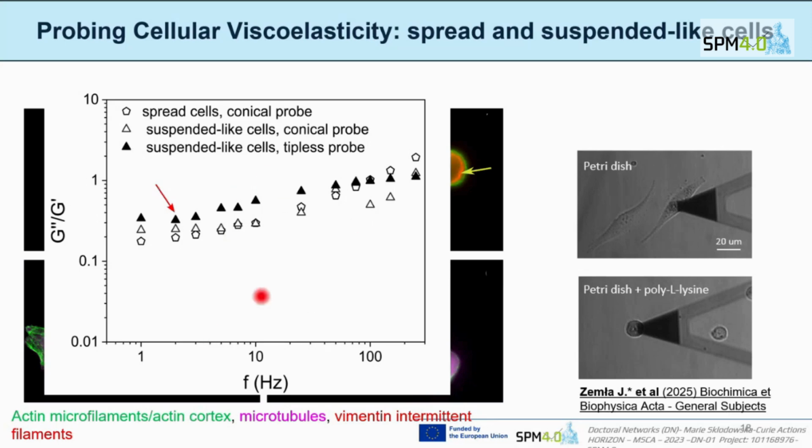But the question was whether this is the matter of the fact that in suspended cells, actin is concentrated around the cell membrane, forming a very thick actin cortex, or do we actually also probe deeper?